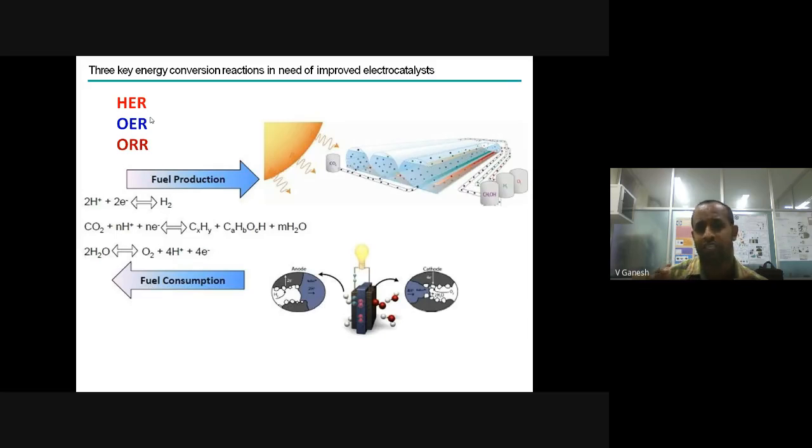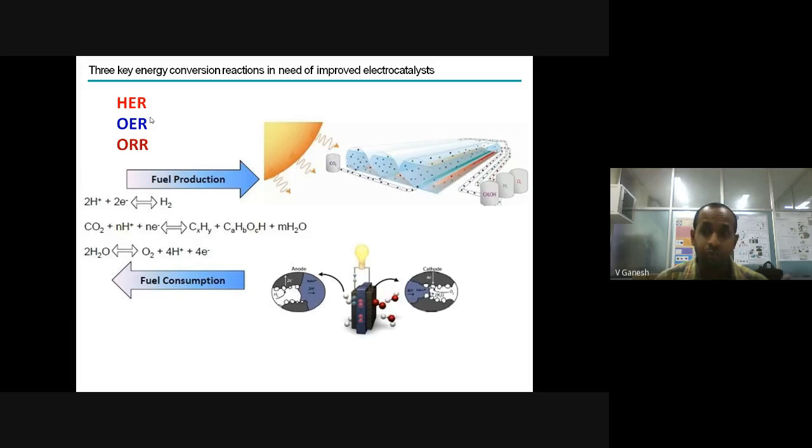Delta G for water splitting reaction is 237 kilocalories per mole. But when you apply a potential, delta G is minus nFE. So when you apply a potential, you can tune delta G from positive to negative, meaning non-spontaneous to spontaneous reaction, so that you can split water into hydrogen and oxygen.